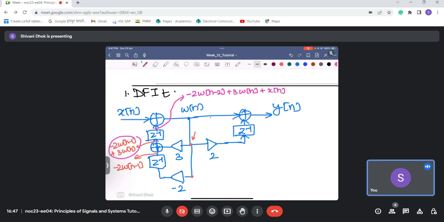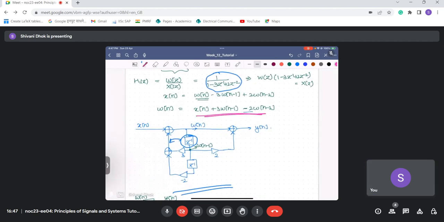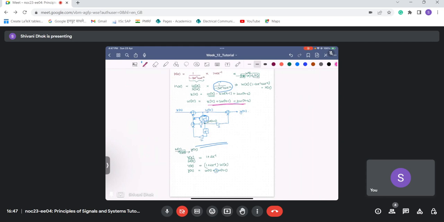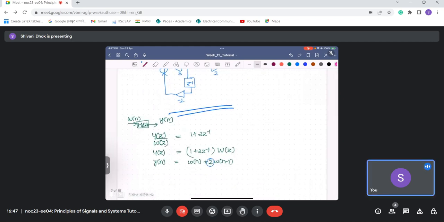This was the equation that was for wn. Same equation, and then this wn that we have obtained gets added with 2 times wn minus 1.